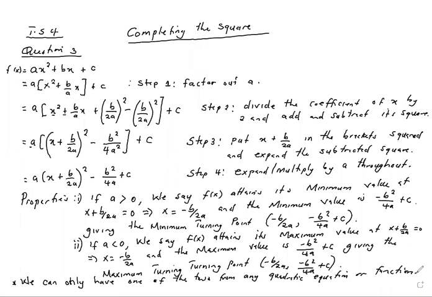So we'll never obtain the maximum and minimum at the same time. The function will have either maximum or minimum if it is a quadratic. Is that okay?